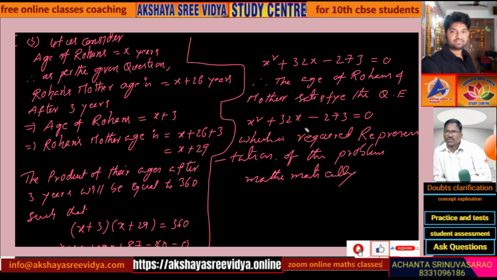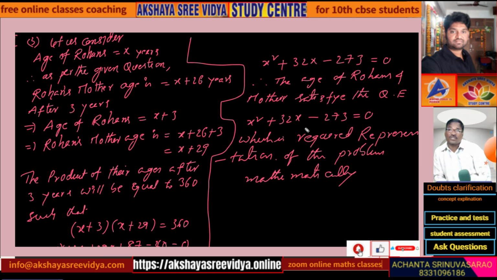So x plus 3 into x plus 29 is equal to 360. x into x, x square, 3 into x, 3x, plus x into 29, 29x, 3 into 29, 87. 360 goes to that side, minus 360: x square plus 3x plus 29x plus 87 minus 360 is equal to 0. Therefore, x square plus 32x minus 273 is equal to 0.